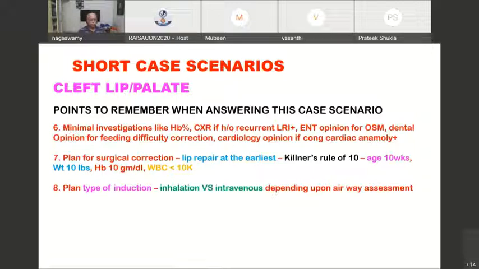If you don't anticipate any difficult airway or a difficulty in mask ventilation or laryngoscopy and intubation, you can plan for intravenous induction. Otherwise, majority of them are preferably induced by inhalation induction using oxygen and sevoflurane by either the step-up method or step-down method.